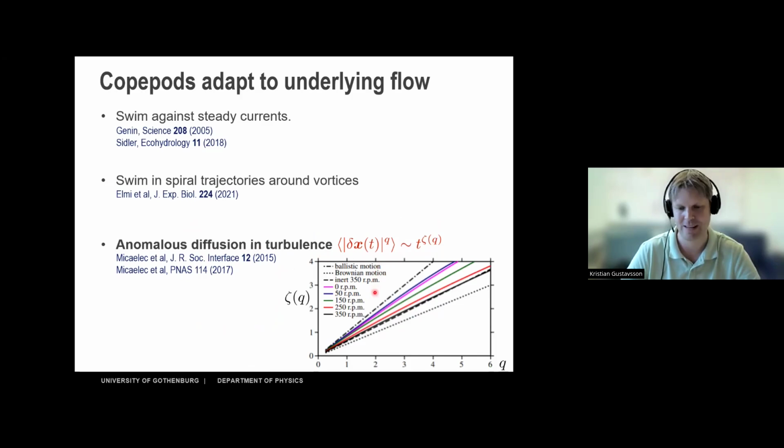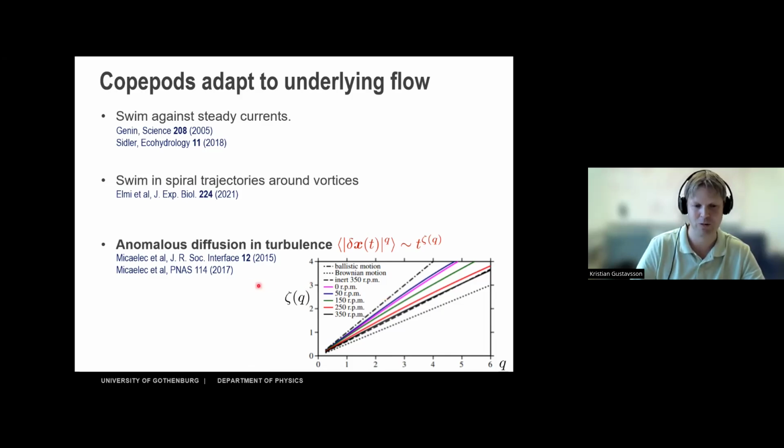So I will not go into the details, but basically what one sees is that if you have intense turbulence, the dynamics is more or less diffusive, while if the intensity of the turbulence is larger than 0, but not very large, the copepods can adapt the dynamics to move away quicker in some direction compared to just moving randomly, that is diffusion, or the case where you have intense turbulence.